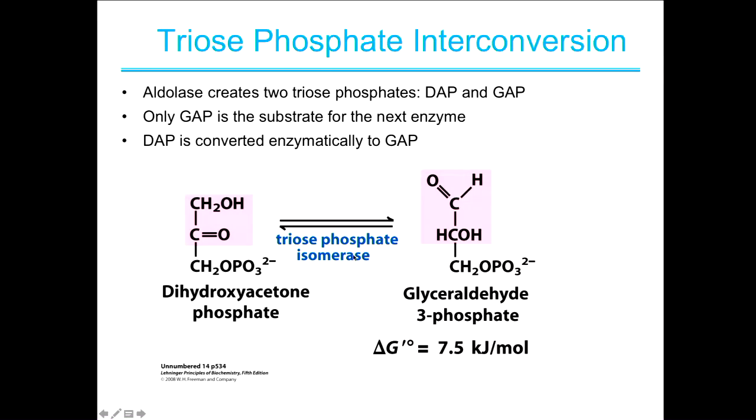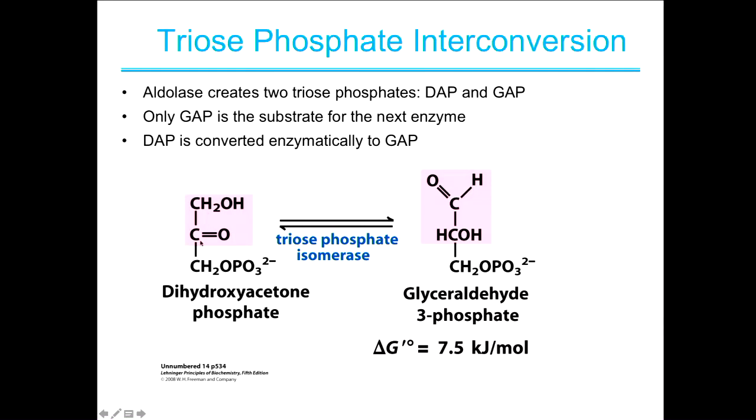This is another one. This can go back and forth between a ketose and an aldose, okay? In fact, it has a very similar mechanism. There's a lot of things right in the active site they share, okay? Very similar mechanism. But in this case, we have 3 carbons, so it's a triose, 3 carbons, phosphate, right? Got a phosphoryl group there, isomerase.